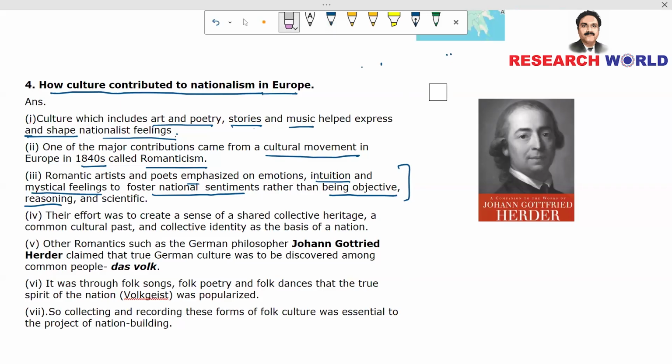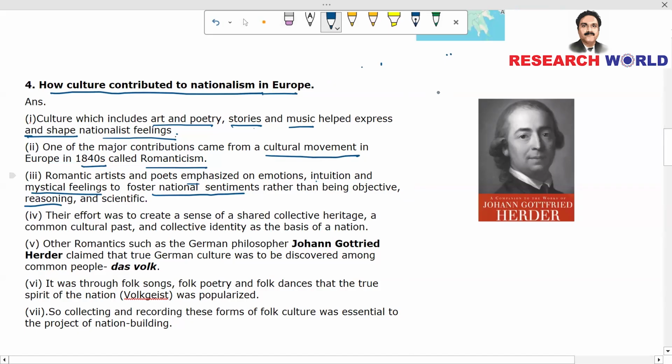They propagated the idea of being nationalistic, asking people to get emotional and sentimental about the nation. You should have what is called national sentiments. For that they always asked people to look at their culture, their collective identity, etc., rather than being very logical, reasoning and scientific.